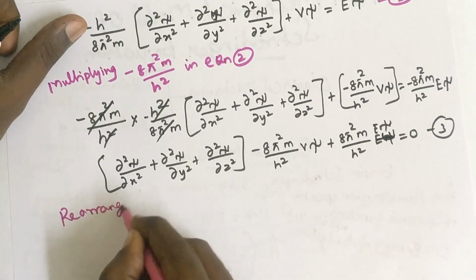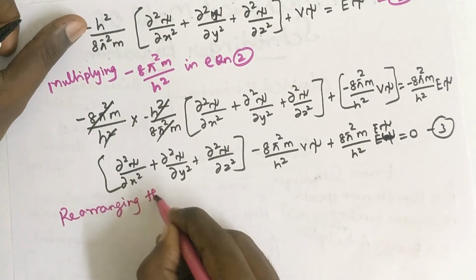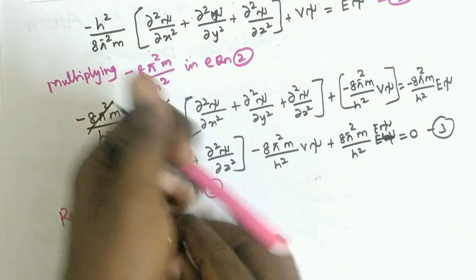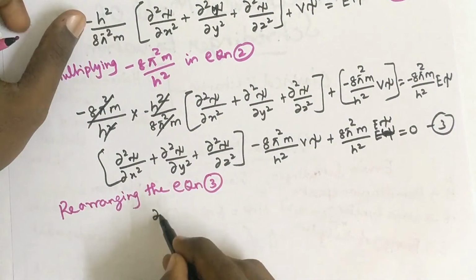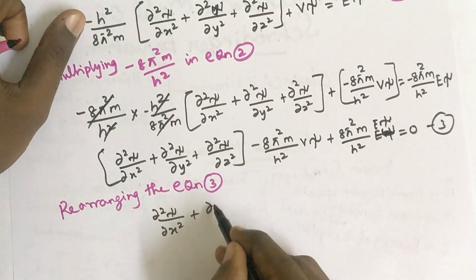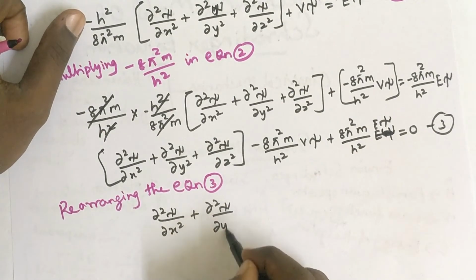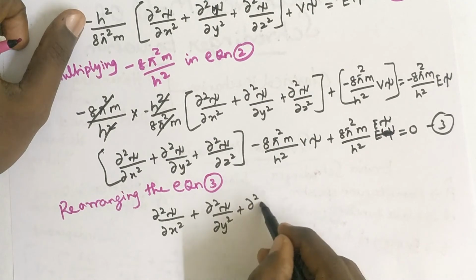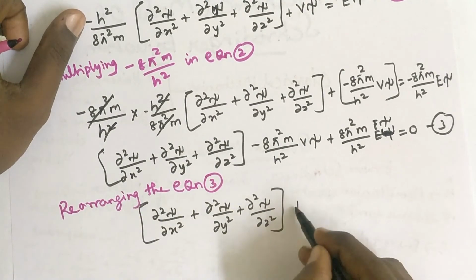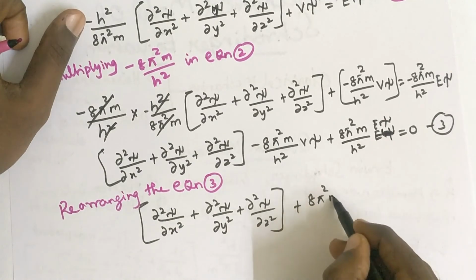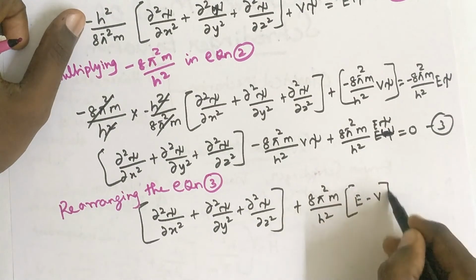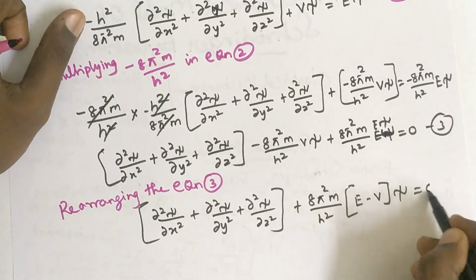Rearranging equation 3, we can get dou square psi by dou x square plus dou square psi by dou y square plus dou square psi by dou z square plus 8 pi square m by h square into E minus V psi equal to 0.